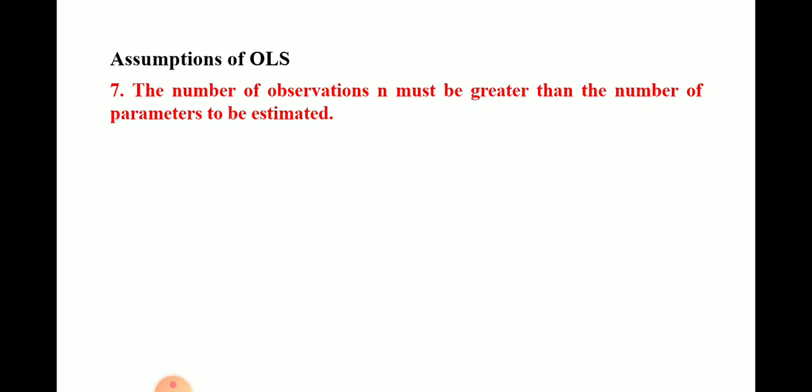Now the 7th assumption: the number of observations n must be greater than the number of parameters to be estimated. What do parameters mean? Beta 0, beta 1, and so on. Suppose there are 5 betas: beta 0, beta 1, beta 2, beta 3, beta 4. For estimating these you need at least 6 observations. So n must be greater than the number of parameters to be estimated. That's the 7th assumption.